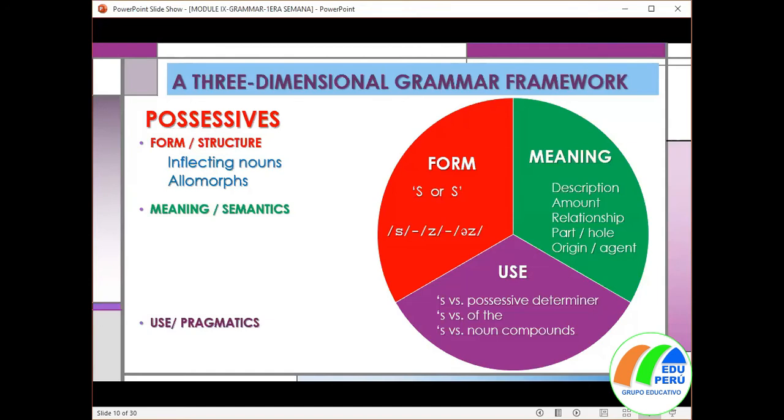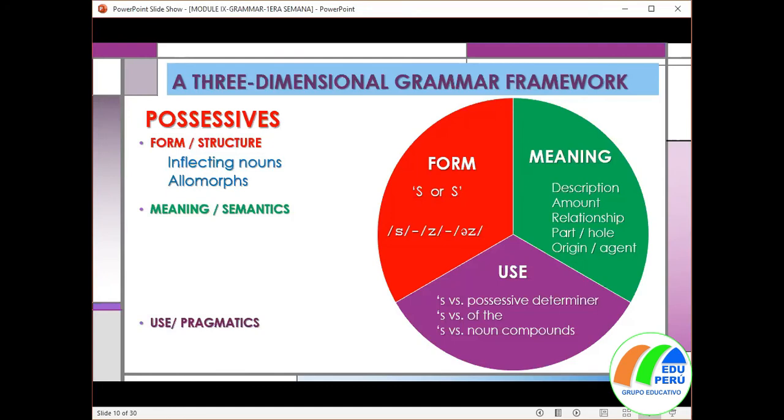That's why here it says inflecting nouns. It means that you're using inflection. So you use this morpheme just to give an extra grammatical function, not a lexical function. It is not a lexical one, it's a grammatical one. And we say allomorphs because we have different ways to realize it.